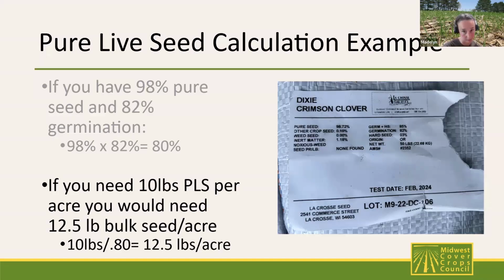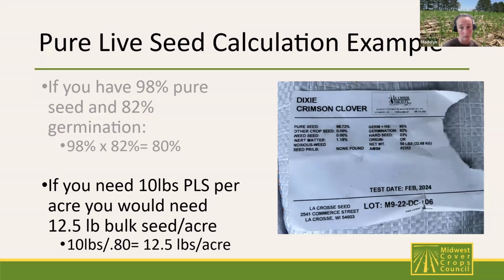Anna points out in the comments a very important tip: the difference between 10 and 12.5 pounds is not that much. But in some cases, we've got coated seed. A lot of times clover will come coated, vetch will come coated. That means our actual pure live seed percentage is going to be much different, so the difference between the pure live seeding rate and the bulk seeding rate could be much bigger and have a much bigger impact.